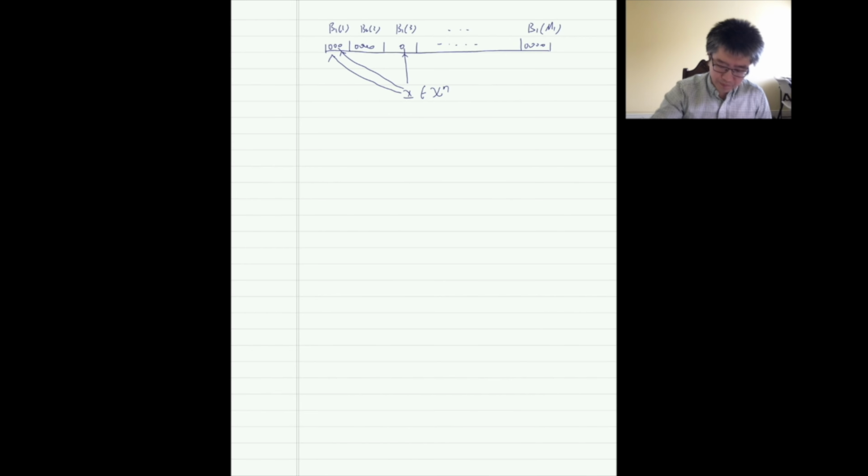Let's write it down. The encoding F1 maps from this alphabet to {1, ..., M1}.